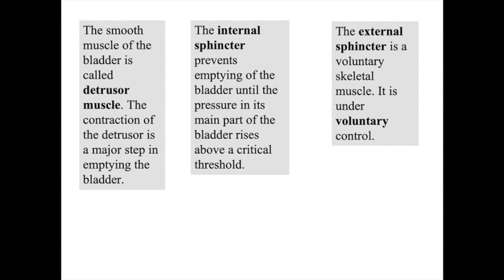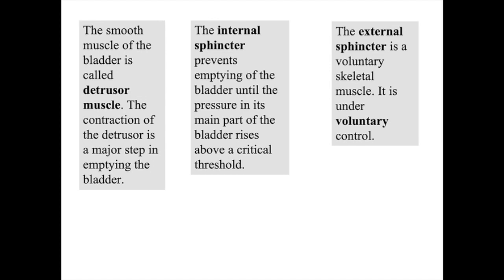The internal sphincter is also smooth muscle, so it closes and opens via the autonomic nervous system. But the external sphincter has skeletal muscle, and that's the one that allows voluntary control.